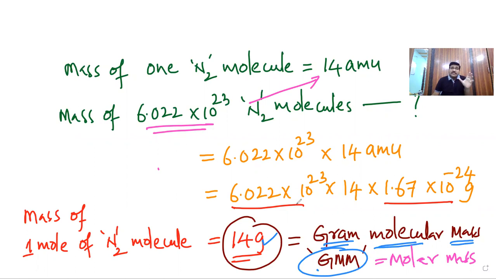If the term is associated with the atom, it is known as gram atomic mass. If it is associated with the molecule, it is known as gram molecular mass. Whether it is gram atomic mass or gram molecular mass, both are expressed as molar mass only, since molar mass is the mass of 1 mole quantity. Is it clear?